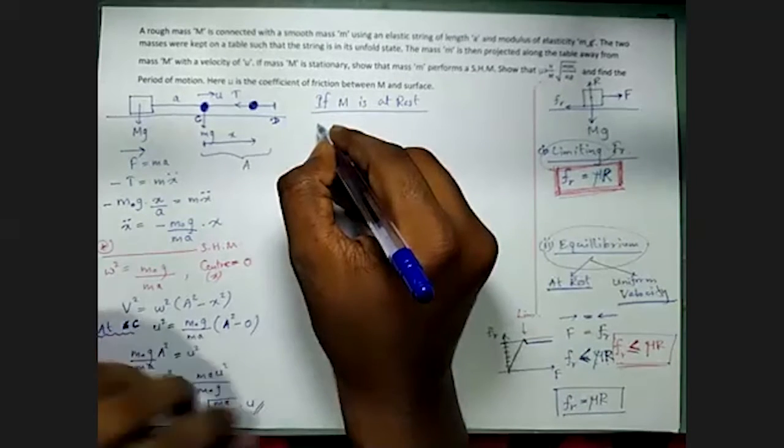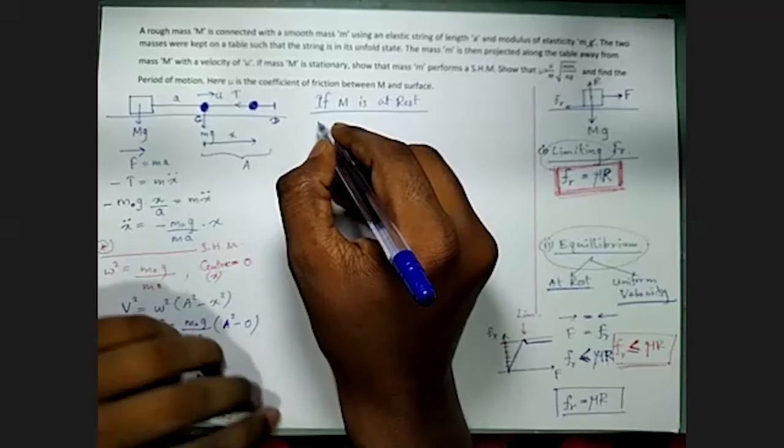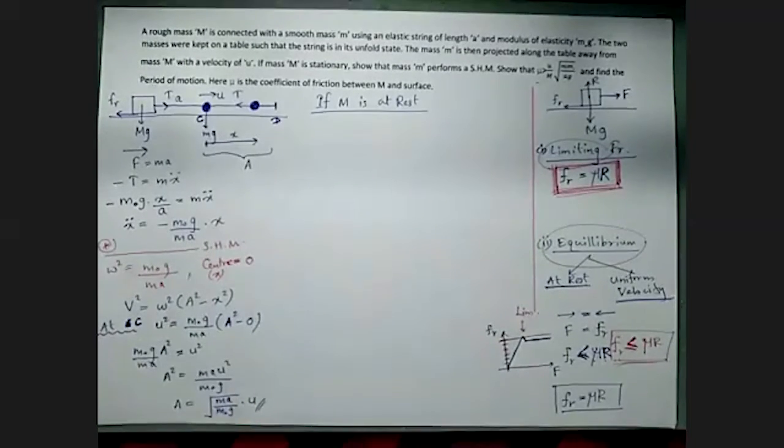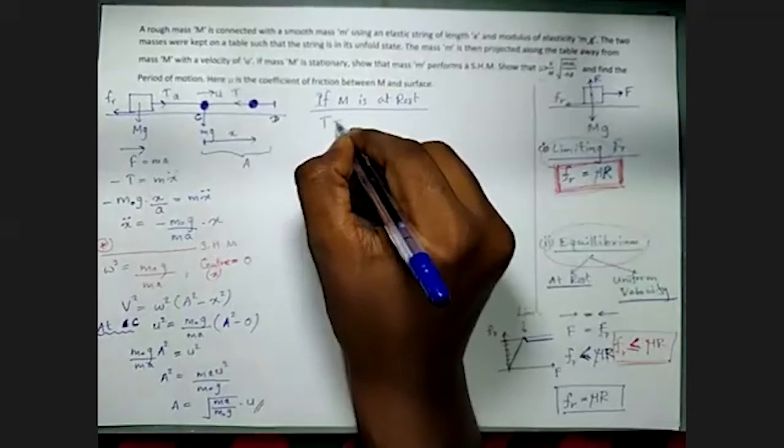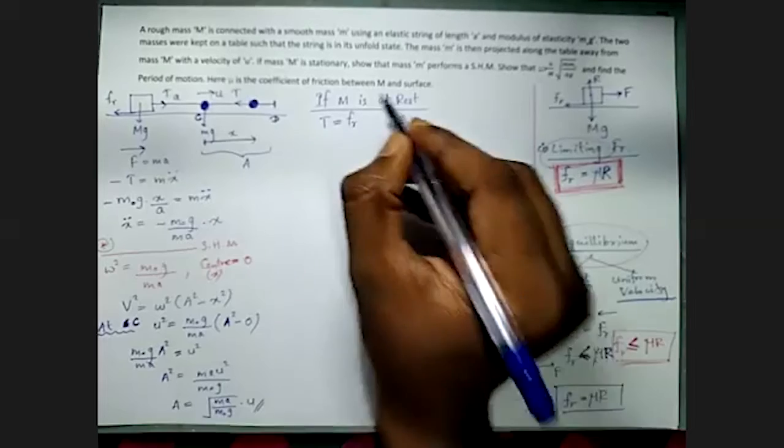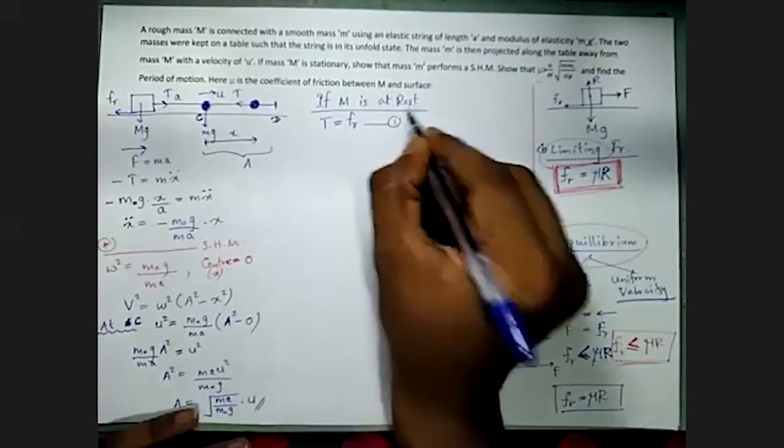So, M is at rest. Right hand forces equals left hand forces. Here we have a tension. Here we have friction. Let me mark simple Fr. Then tension is equivalent to friction Fr, first equation.